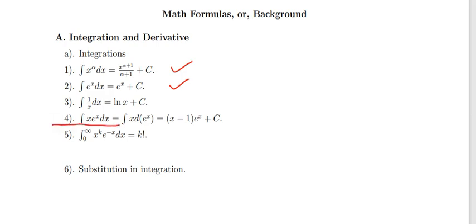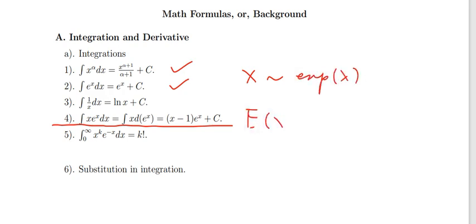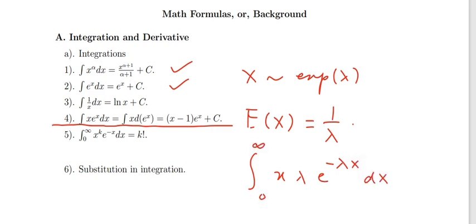And for those, we can use integration by parts, but usually we just remember this: for x following an exponential distribution, the expectation of x equals 1 over lambda. What this means is we can regard this as a formula: the integral of x times lambda e to the negative lambda x dx. This one is 1 over lambda. Okay.